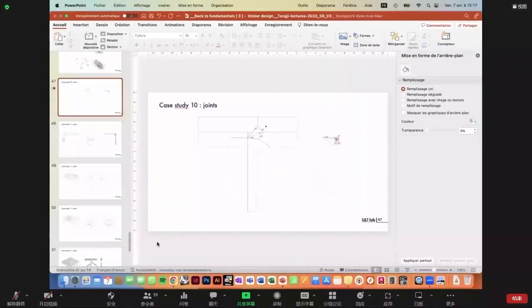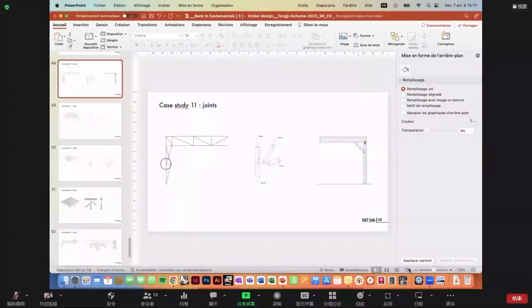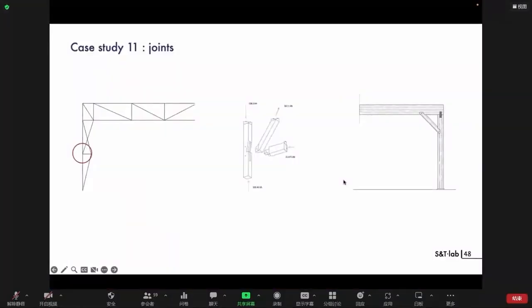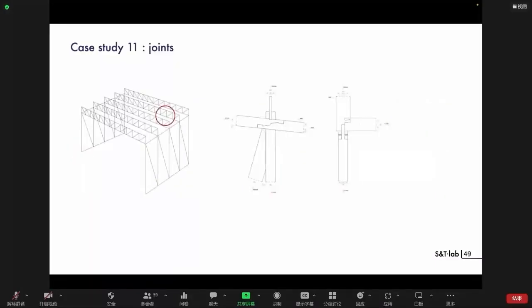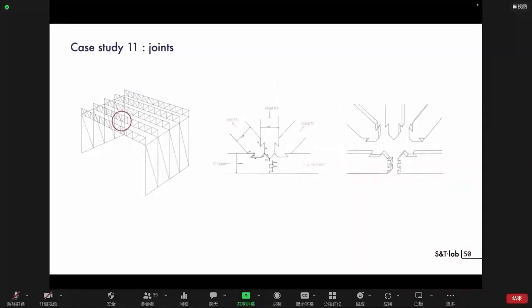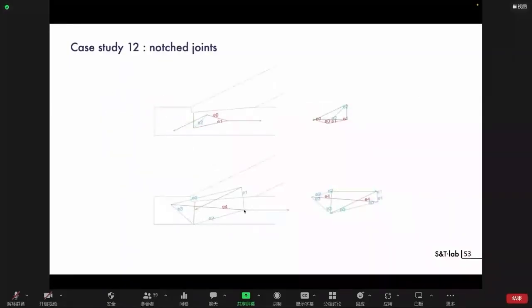And just to end, some other examples of joints that can show some pitfalls, such as an inadequate bearing surface or difficulty in the management of different loading cases. So those are examples of other students, but that show some limits in this very difficult exercise of timber-to-timber joints.